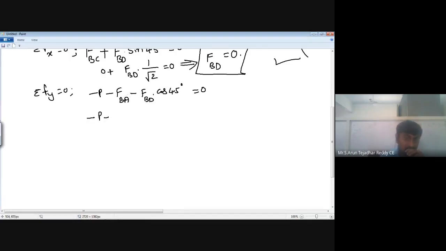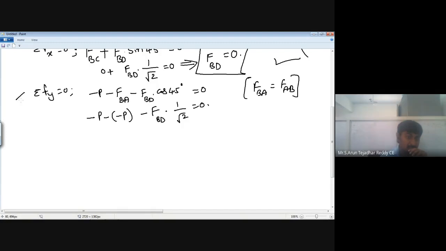And what is the value of FBA? Already we have calculated FBA or else FAB. Both are same. FBA is equal to FAB. Already we have calculated this force, that we got minus P. And minus FBD into cos 45, that is 1 by root 2, is equal to 0.